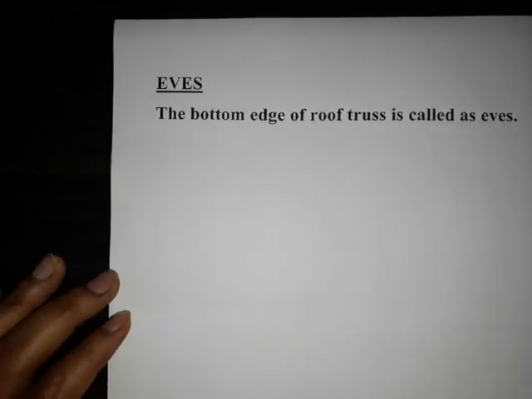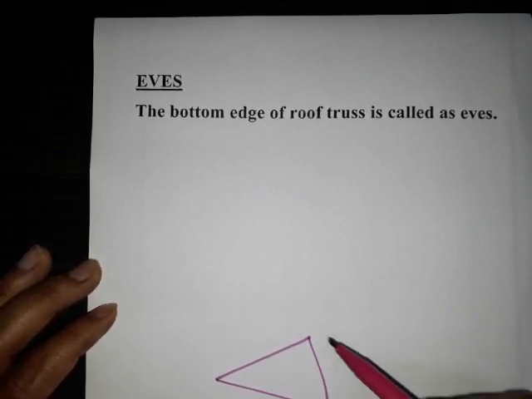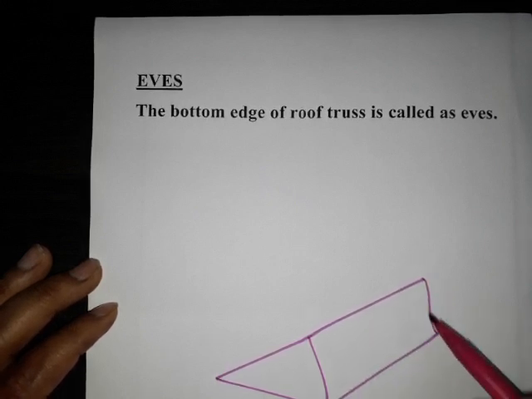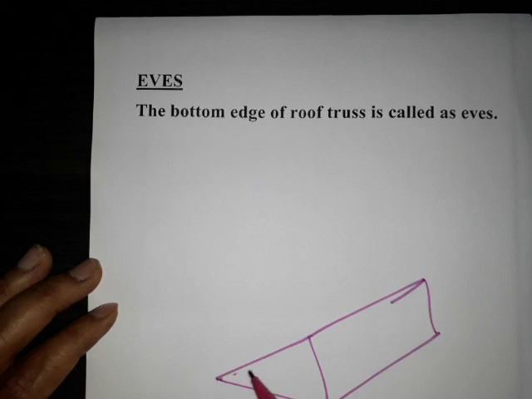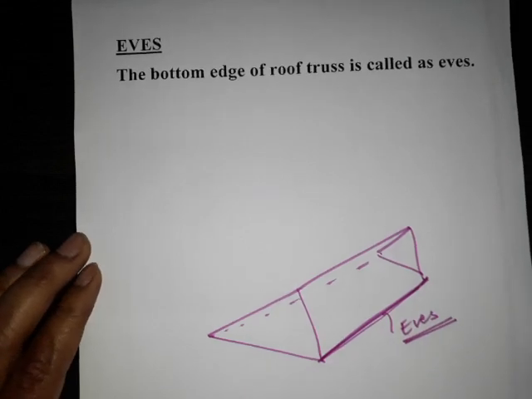Then we have eaves. What is that? Eaves. So the bottom edge of the roof truss is called eaves. Suppose again we have it here. So this is the bottom edge, and this edge is called eaves.